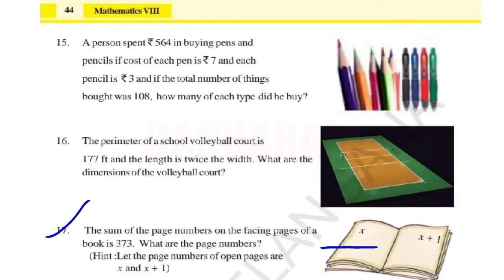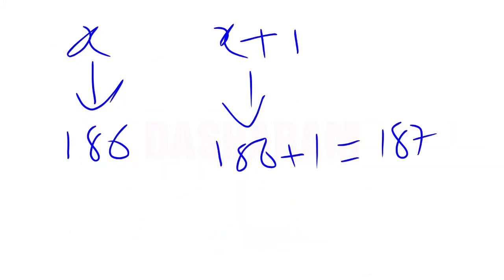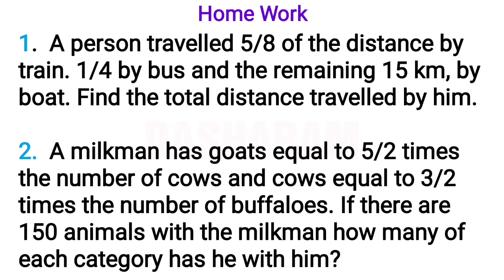So finally we completed all word problems of exercise 2.2. Today I am giving 4 problems for homework. A person travelled 5/8 of the distance by train, 1/4 by bus and the remaining 15 km by boat. Find the total distance travelled by him.